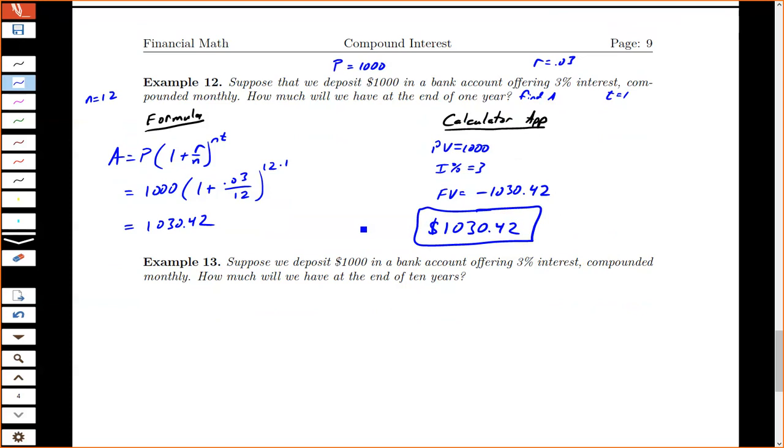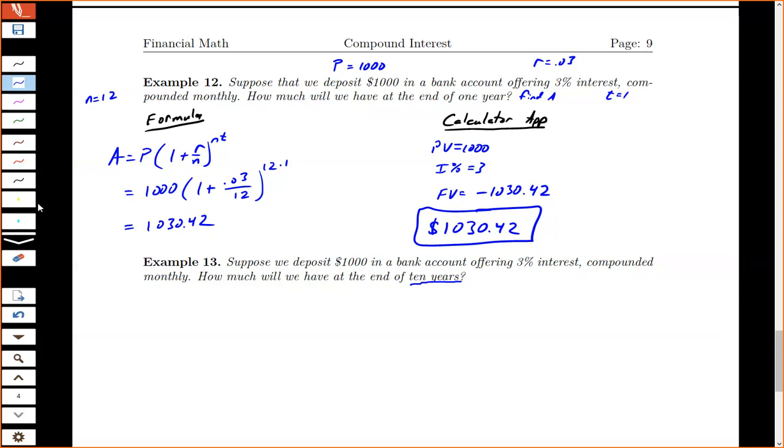Okay, so now let's look at the exact same setup, except instead of at the end of 1 year, let's look at the end of 10 years. And this is where I want you to notice the main difference between compound interest and simple interest. For simple interest, if I'm saving the money for 10 times as long, I'll get 10 times as much interest. So instead of $30, it'll give me $300, or $304.20.